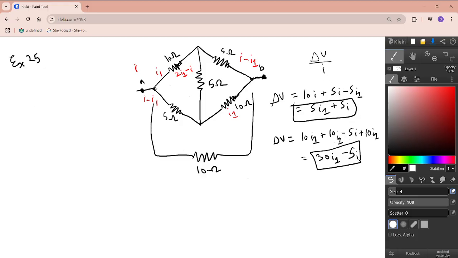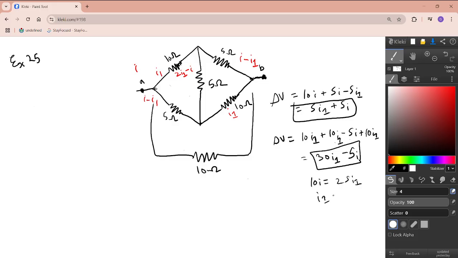And since these two are equivalent, and you just need to calculate delta V by I, you need to convert the whole thing from I1 in terms of I. That can be done by substitution. So you equate both of them. So 10I becomes 25I1.